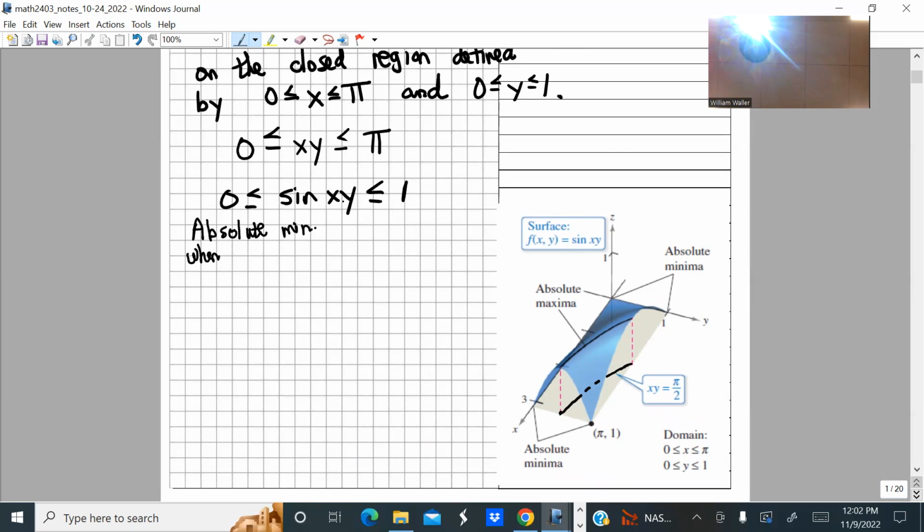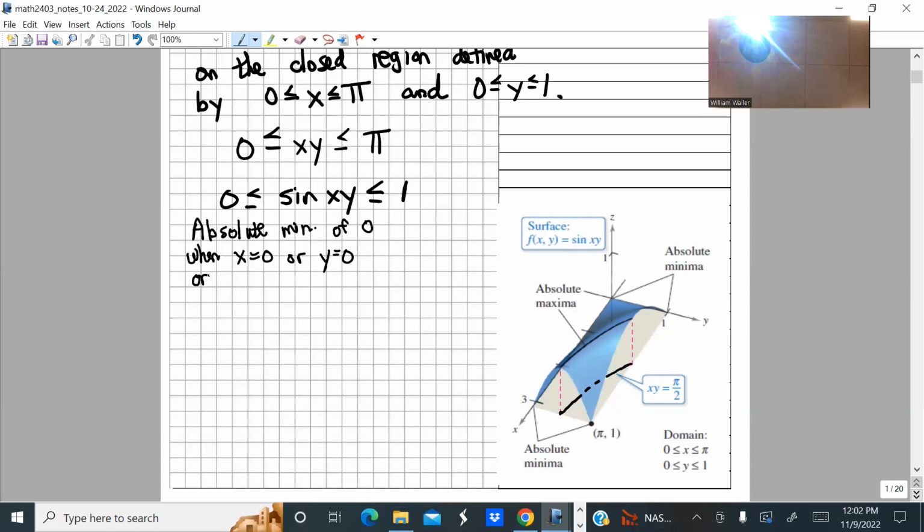So x times y is going to be 0 if x is 0 or y is 0. So you're going to have an absolute minimum of 0. Let's write that down: absolute minimum of 0 when x is 0 or y is 0, because you'll be calculating sine of 0, which is 0. Or what was the other possibility?